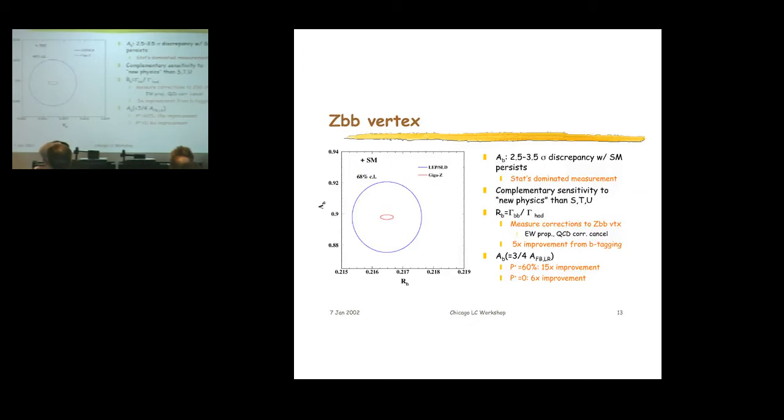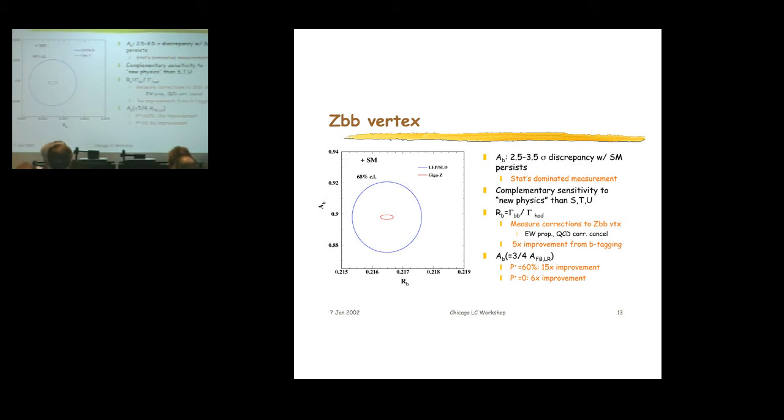One also wants to go back and reinvestigate the Z b bbar vertex. Again, in the B asymmetry, there's something like a 2.5 to 3.5 sigma discrepancy with the standard model that persists. R sub B is now completely consistent with the standard model.